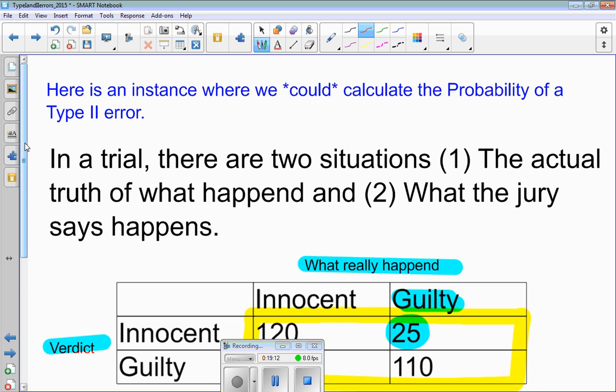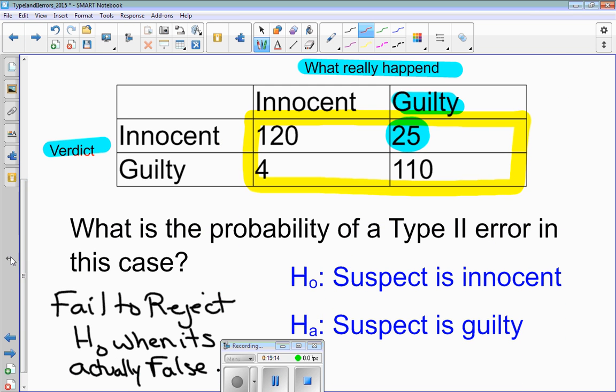All right. So back to this problem. Do we still agree that 25 is the right number that we're dealing with? Okay. So 25, we're looking for a probability. So 25 out of what is the key? Well, it's out of everybody. Okay. So you're going to add them all up. That's where the other number came from. Okay. So we're going to add 120, 4, 25, and 110. What'd you get when you did that?